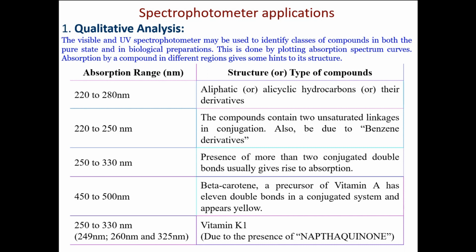So the first one is qualitative analysis. How we can use the spectrophotometer in the qualitative analysis. The UV visible spectrophotometer may be used to identify the classes of compounds in both the pure state and in biological preparations.